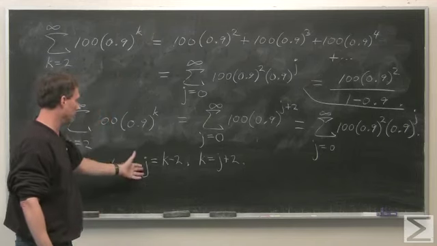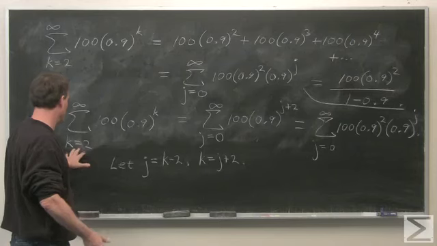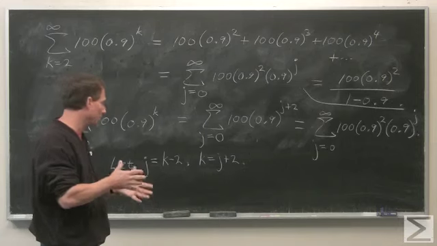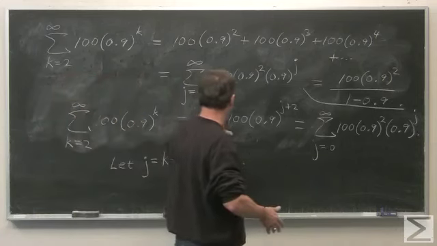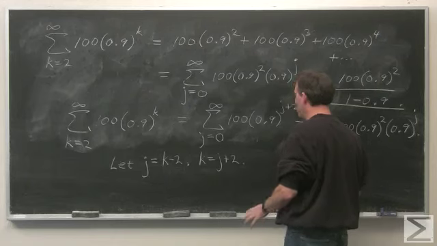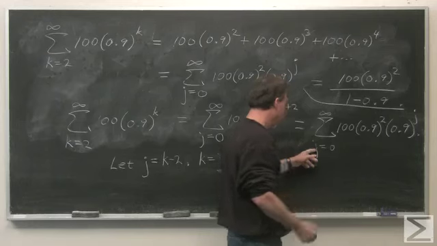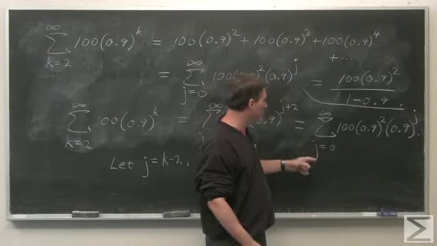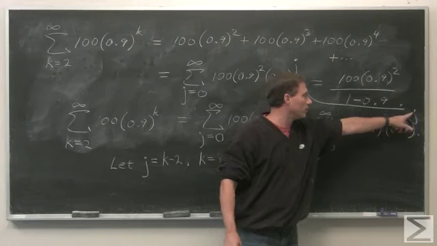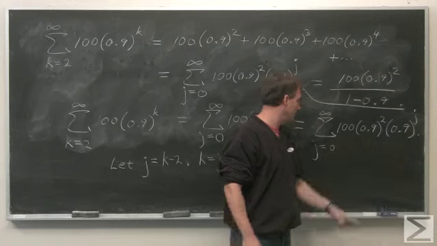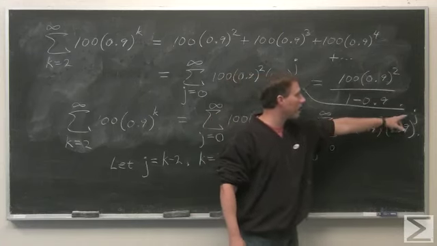This is how you switch indices in summations. You let something else be your previous index plus or minus something, and then you see how you rewrite everything in terms of your new index j. By the way, I should say that j is a dummy variable. It doesn't matter what you call this. We could have said m equals 0 and put an m there, or p equals 0 and put a p there, or giraffe equals 0 and put a giraffe there.